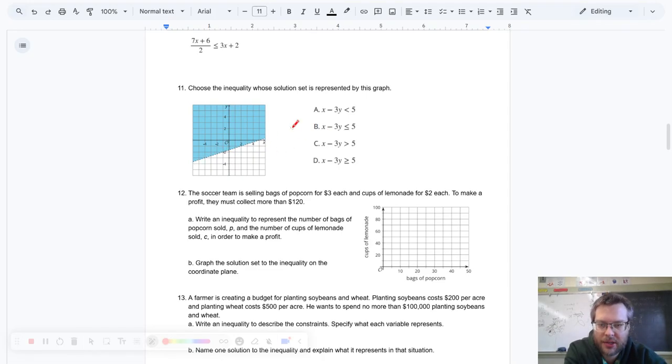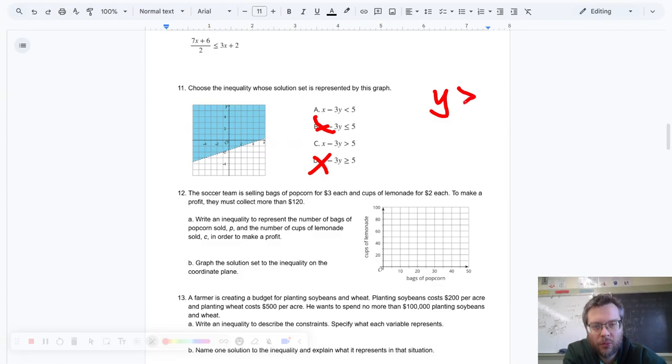Because it's a dashed line, I know that the answer cannot be anything that has an "or equal to" on it. Then I notice that it's shaded above the line, and so you're thinking greater than. Usually when we're graphing these, if it says y is greater than, that tells us to shade above, and the greater than says a dashed line.